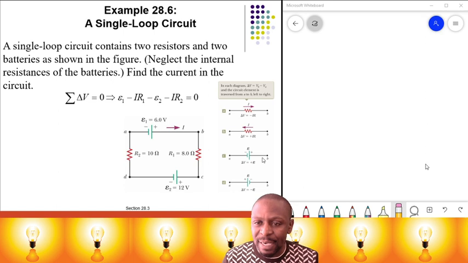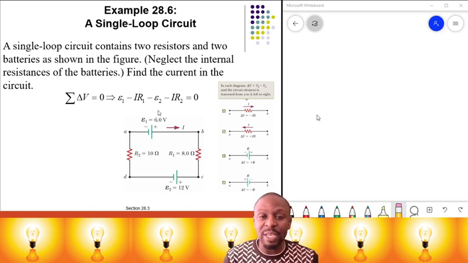But now when I'm moving from C to D, I'm moving from the higher terminal to the lower terminal. I'm going to have minus E2. That's why you have minus E2. From D to A, in the same direction as the current, I'm just going to have minus IR2.